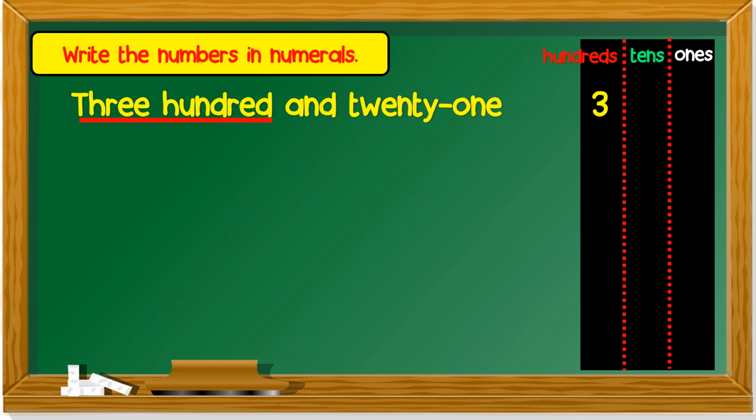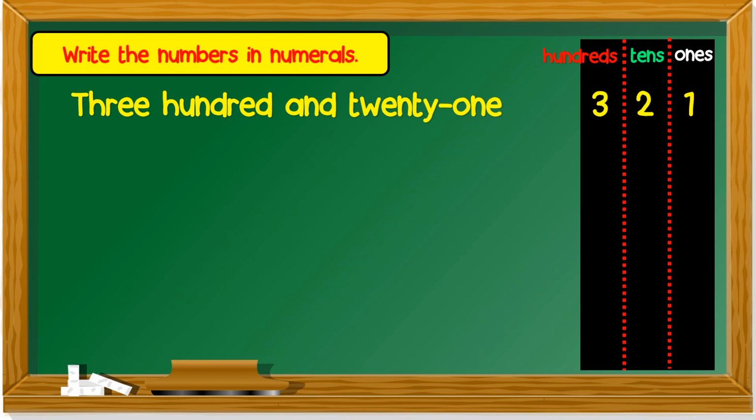Yes, it's here. 20. 20 is 2 tens. So you write 2. How about ones? Only 1. So you write 1. 321 in numerals is 3, 2, 1.